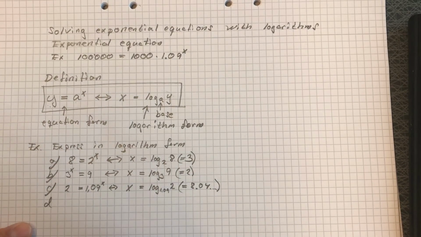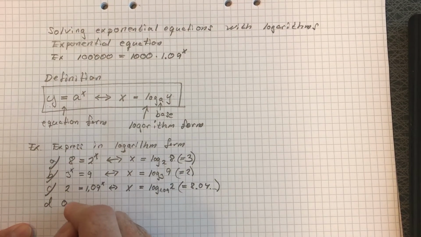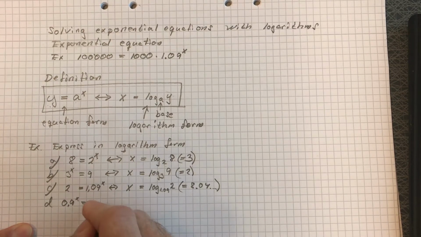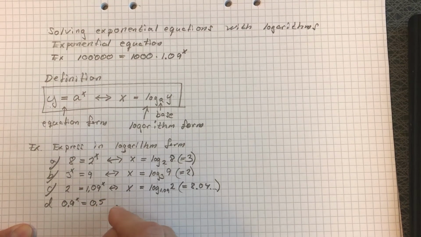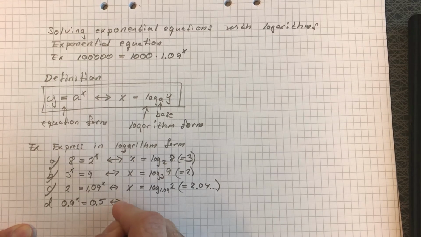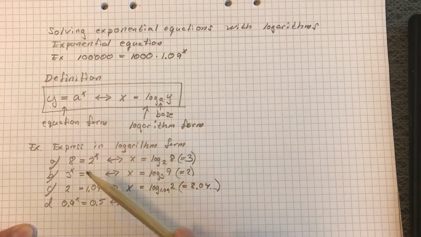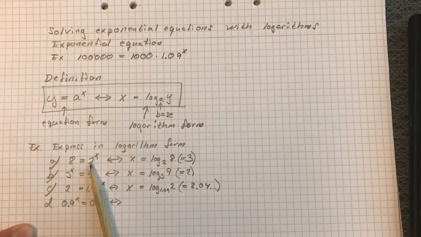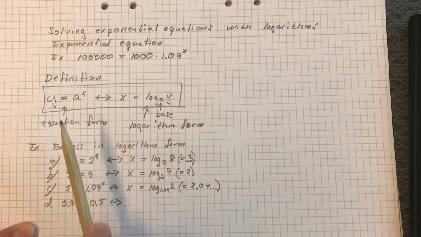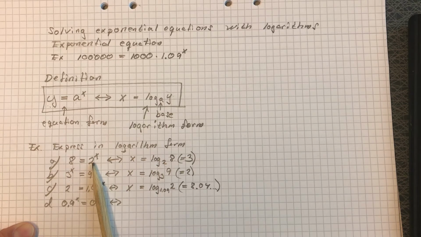D. 0.9 to the power of x is equal to 0.5, in logarithm form. Can you rewrite it like this? You see, in the first 3 cases, this constant here, the factor of change, our a, is greater than 1. But it could also be smaller than 1.